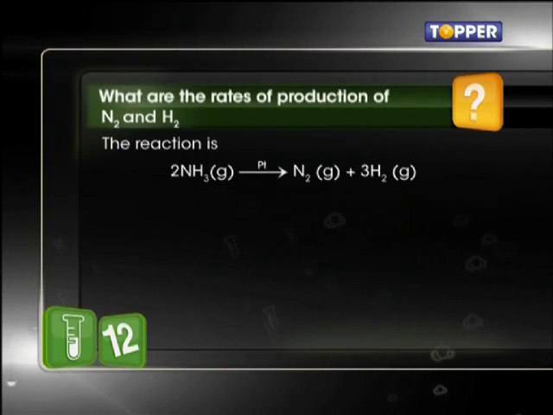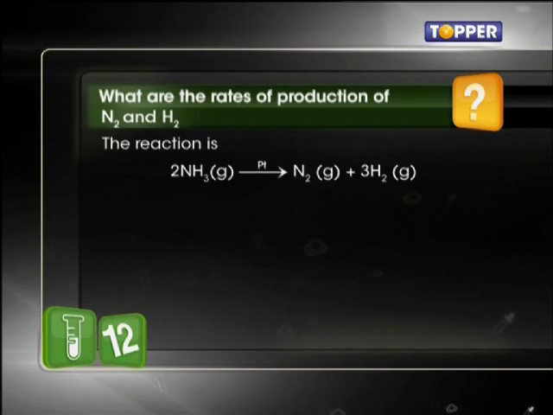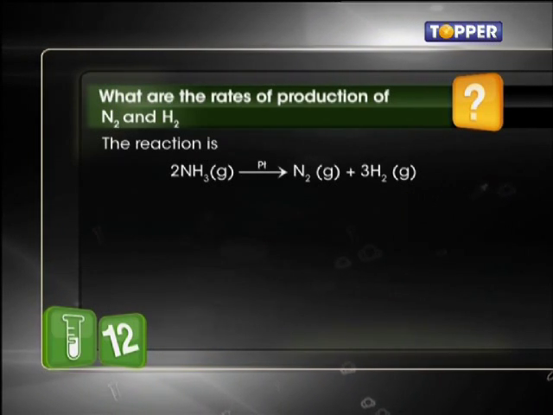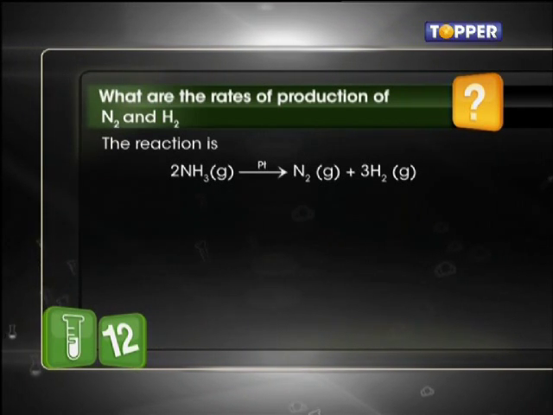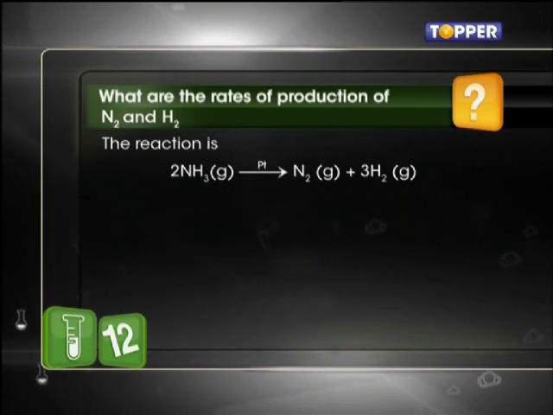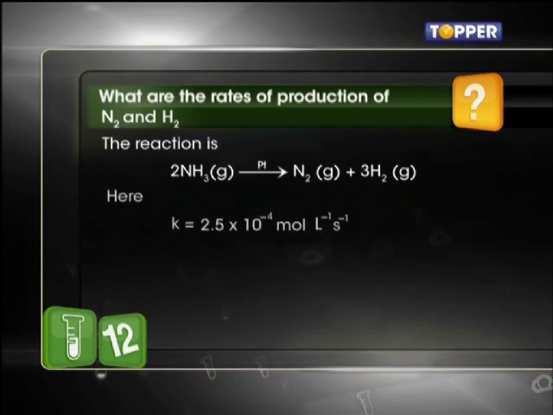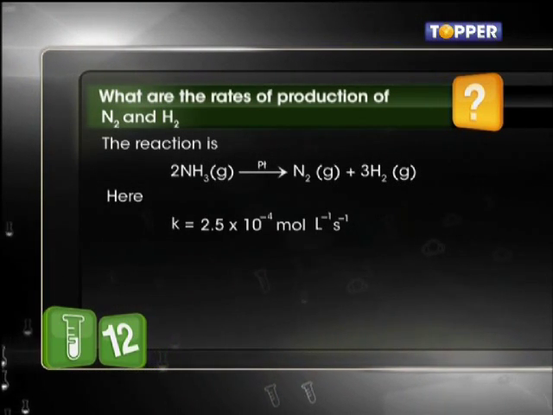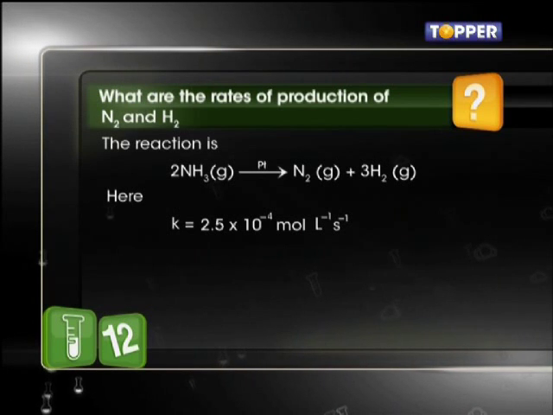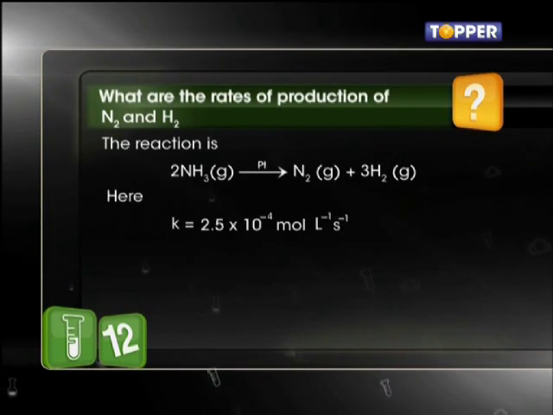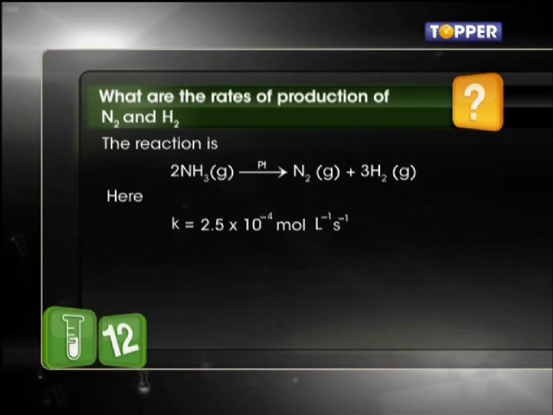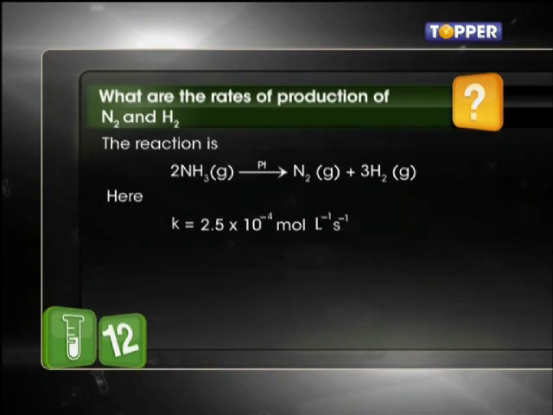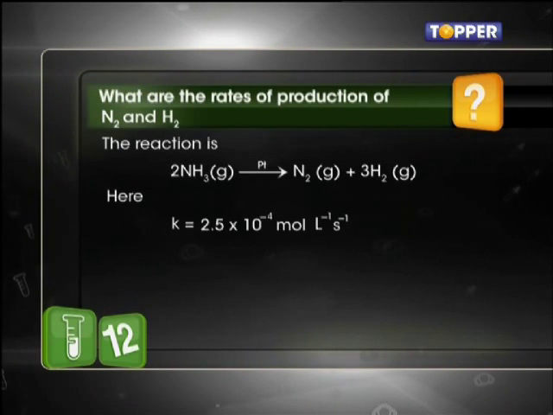The balanced chemical equation is 2 molecules of ammonia decompose to give 1 molecule of nitrogen gas and 3 molecules of hydrogen gas. Here, the rate constant is equal to 2.5 multiplied by 10 raised to the power minus 4 moles per liter per second.